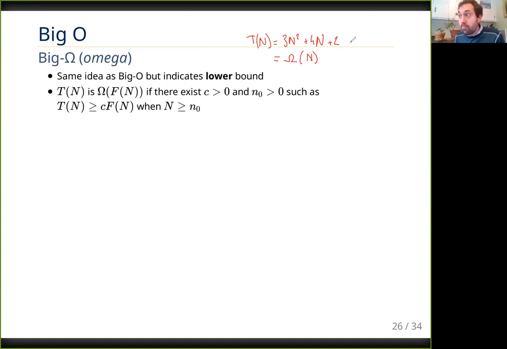If I were to plot them on a graph, T of n would go like that because it's a quadratic curve equation. If I have n, which is just linear, necessarily it would always be smaller. So that would be a lower bound because this lower bound would never be greater than the other equation.